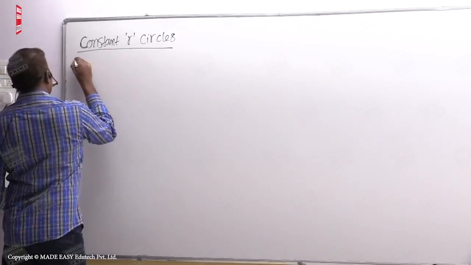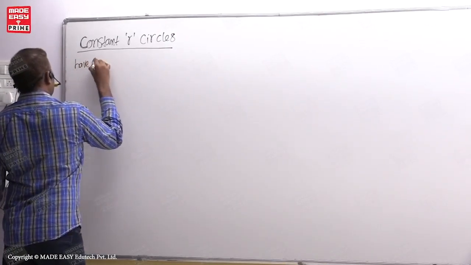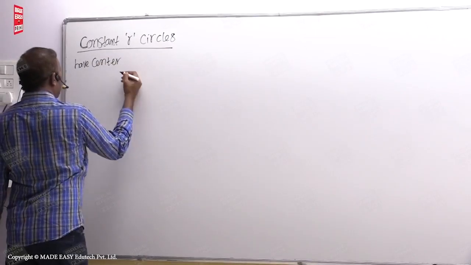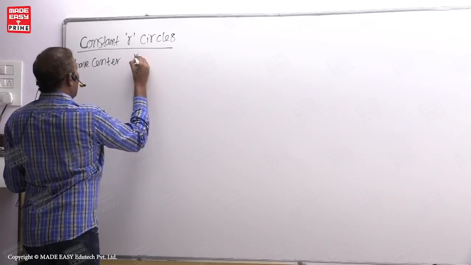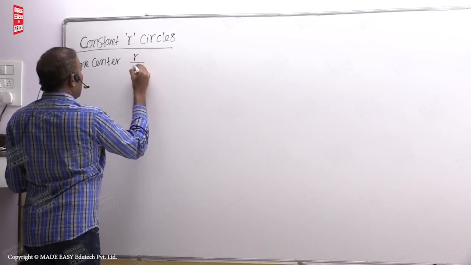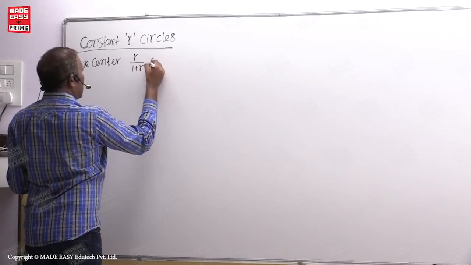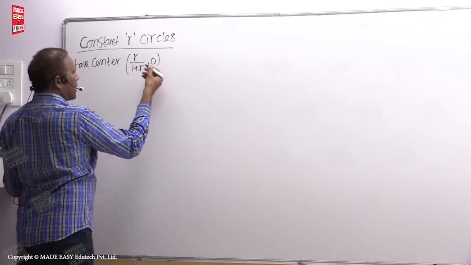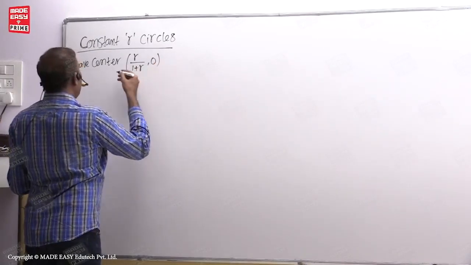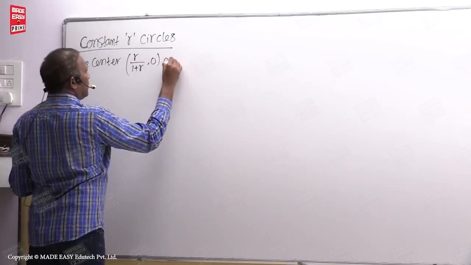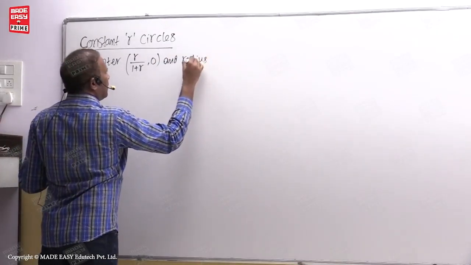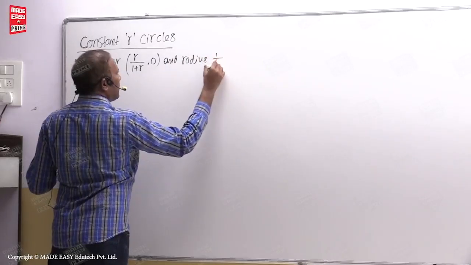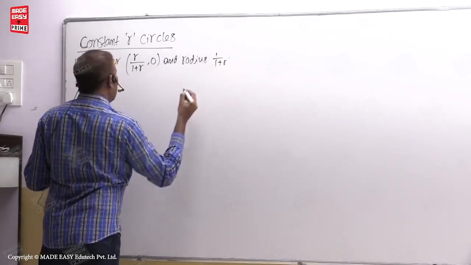Constant R circles have center, already we have written there, R divided by 1 plus R comma 0 is the center, and radius is 1 by 1 plus R.